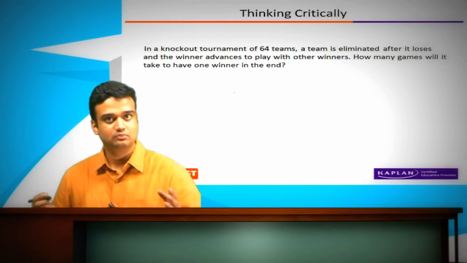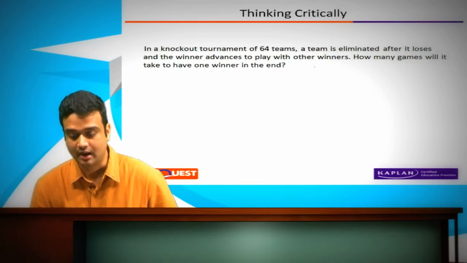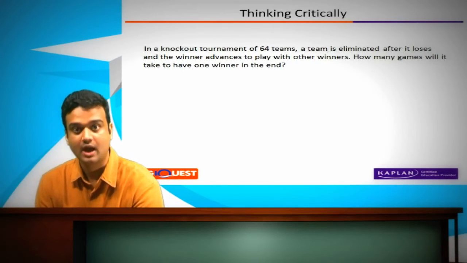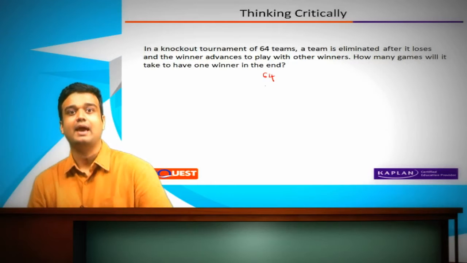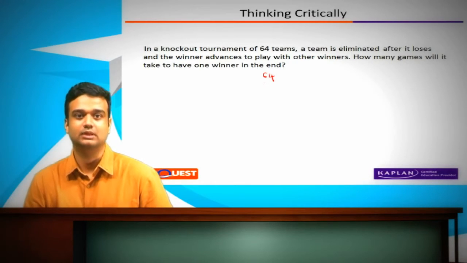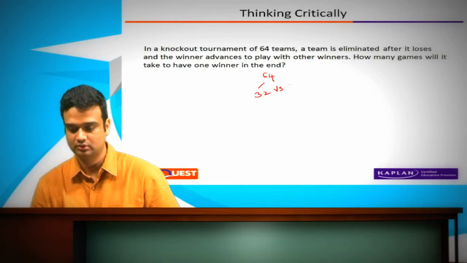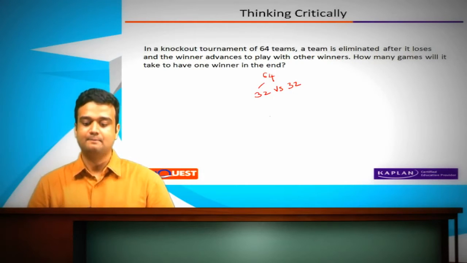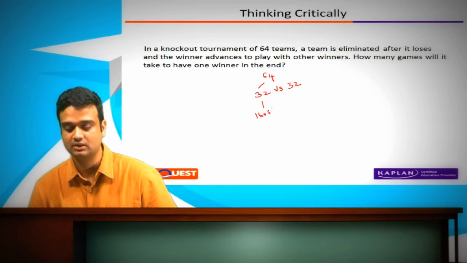So if you are one of those intelligent students who knew how to approach this mathematically, this is probably what you did. You probably realized that there are 64 teams, and they're probably going to get split into 32 versus 32, right? And of that, there are going to be 16 teams that play with each other.